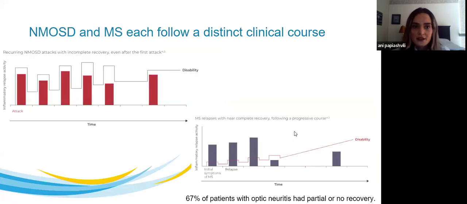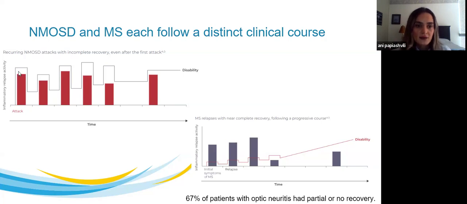And now I would like to tell you the difference between the clinical course of neuromyelitis optica spectrum disorder and multiple sclerosis. This first one represents neuromyelitis optica spectrum disorder, and its attacks. As we can see here, it is characterized by recurrent attacks, and it is not always fully recovered, right?